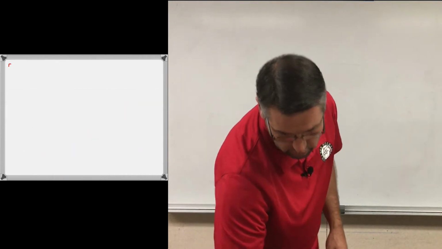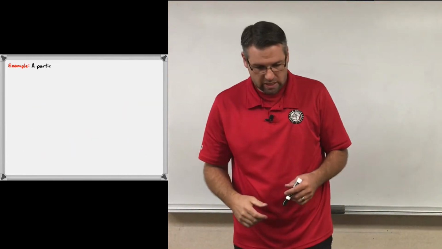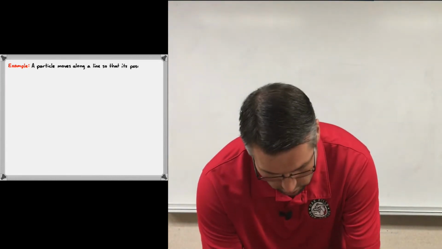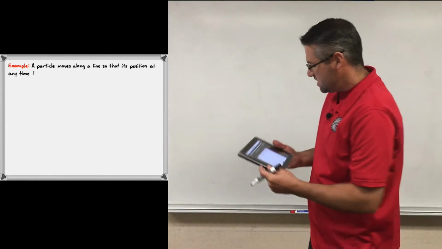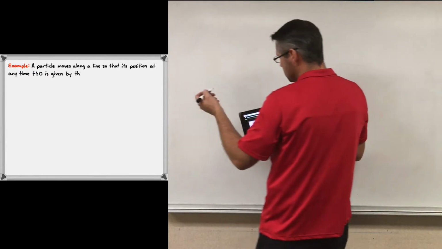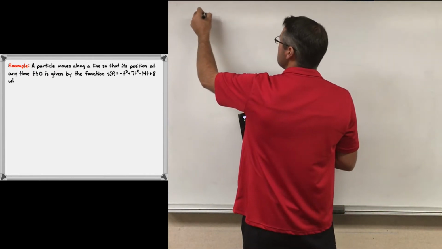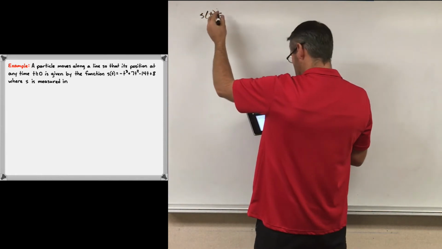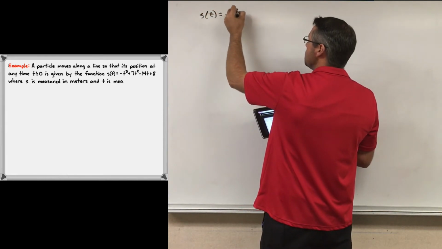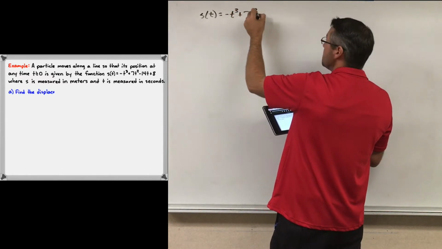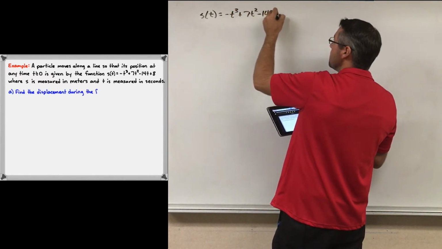Okay, so let's go ahead and take a look at an example of this so we can sink our teeth into it and get a good understanding. A particle moves along a line so that its position at any time t greater than 0 is given by the function s of t. So s of t is my position, and it tells us that it's negative t cubed plus 7t squared minus 14t plus 8.